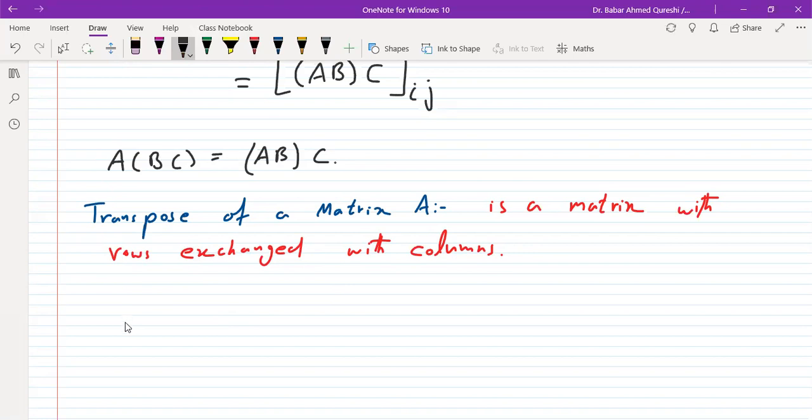So that means, by definition, if I have a matrix A and I make its transpose, the ith, jth component of the transpose is equal to the jth, ith component of the original matrix, because I exchange the rows with columns. The number which you find at, let's say, second row and third column in A would be the same number as in the third row and second column of A transpose.